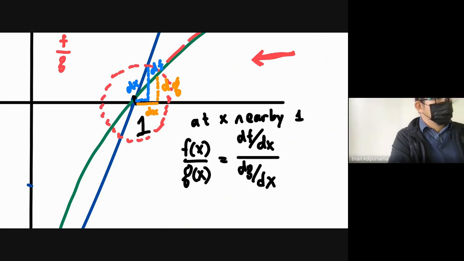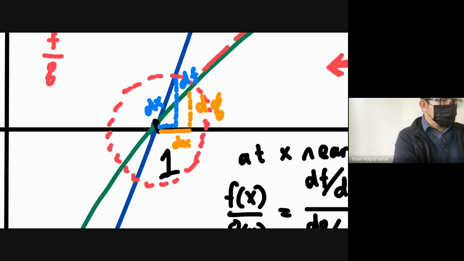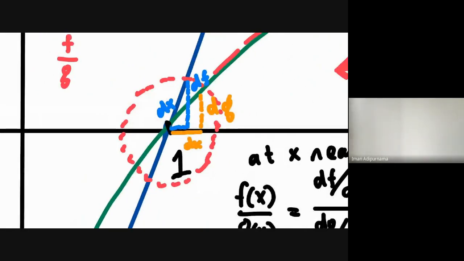What I mean by that is the curve, as a visual, is similar to its slope. It's linear, if you look really close to x equal 1.